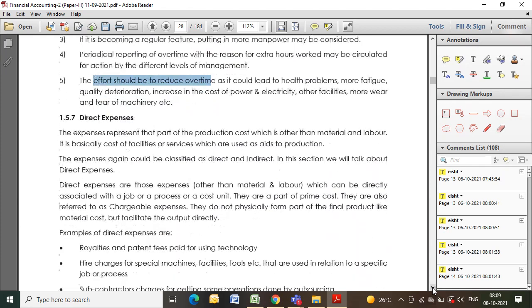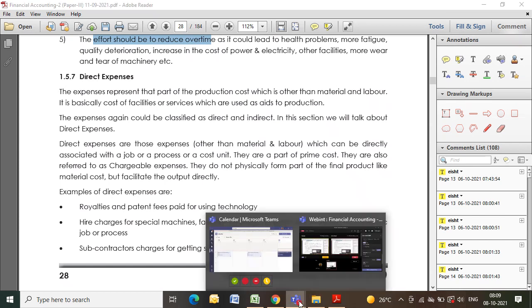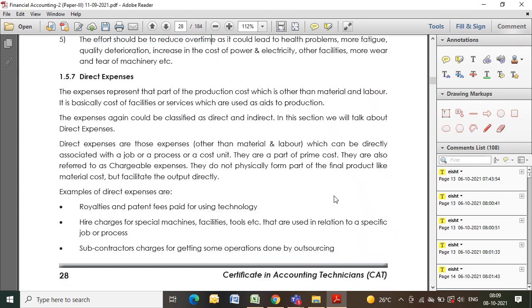Now coming to what are direct expenses and what are indirect expenses. Technically speaking, when we make payments, the costing requirement is to book the expenses as direct or indirect also, right? So whenever we make a payment, we ensure that they are booked rightly.